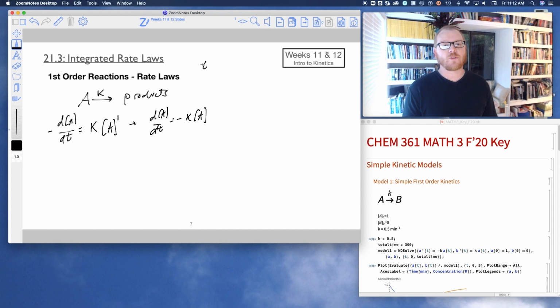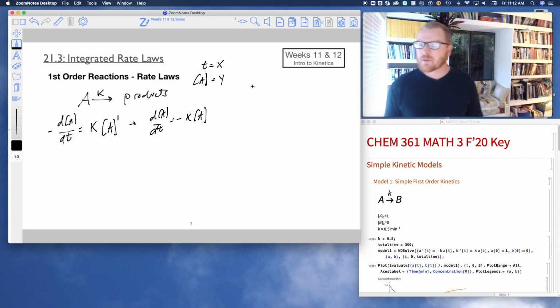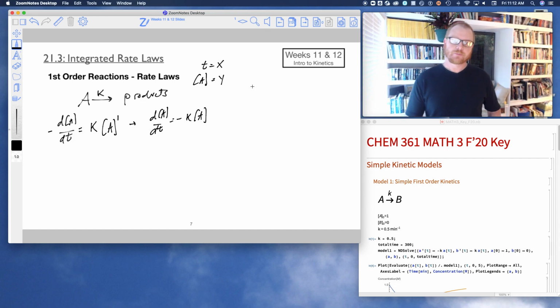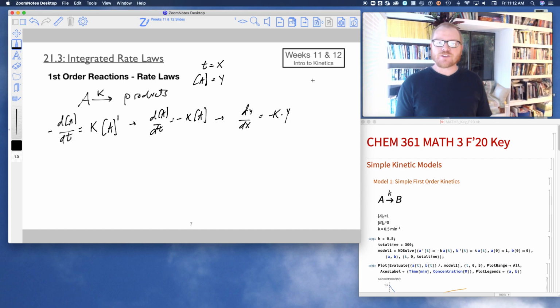so if I call t equal to x and concentration equal to y, just to make this a little bit simpler to view, then this is a differential equation of the form dy dx equals negative K times y, okay? And as it turns out, we can solve this.